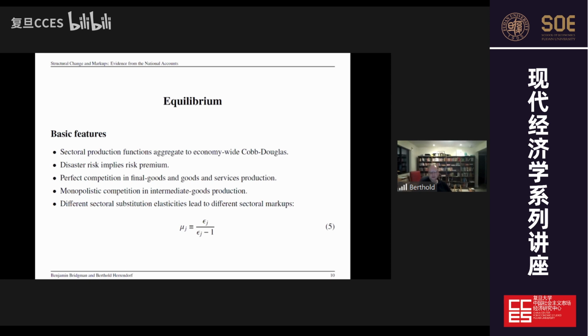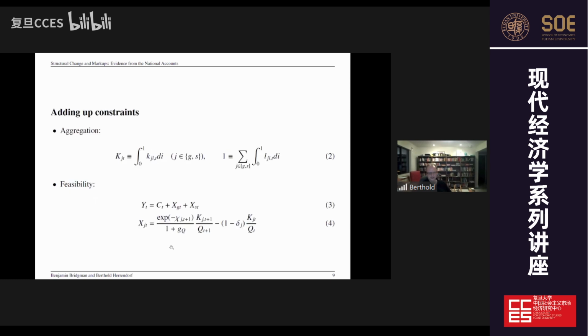So I'm not going to go through all the glorious details. Let's just talk about the basic features that are key here. The first is there are sectoral production functions, and they're both Cobb-Douglas, and they're going to aggregate to an economy-wide Cobb-Douglas production function. Now, I should point out that this is not generally the case in a world like ours. Why?